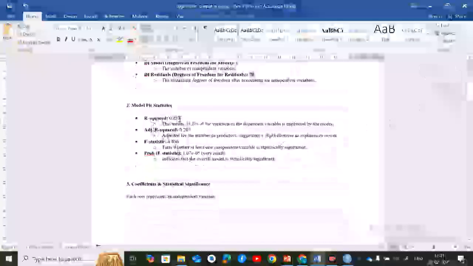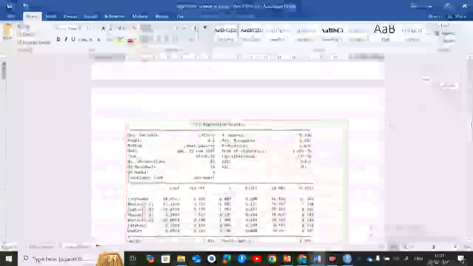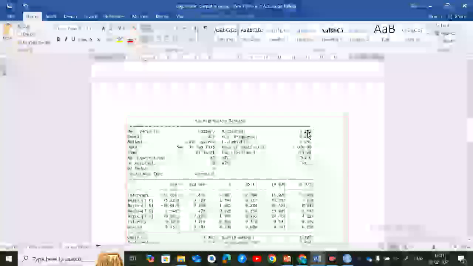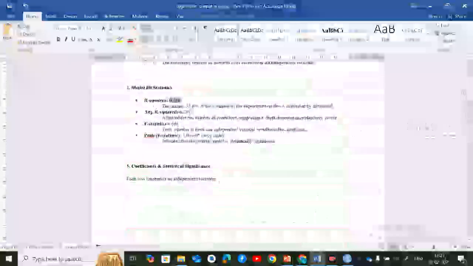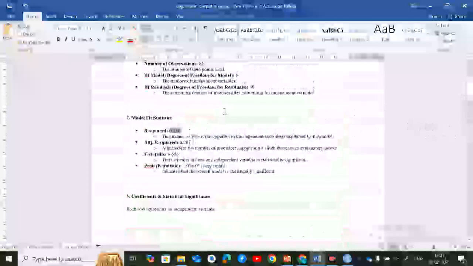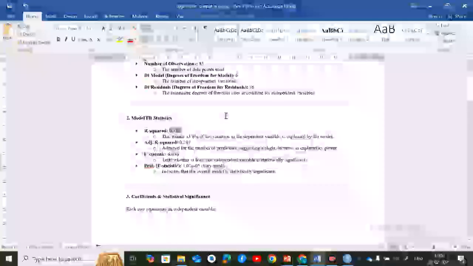Then if you see the R squared is 0.338, what does that mean? Whenever you are training 2-3 machine learning models and you want to see the performance of those models, R squared typically helps you.